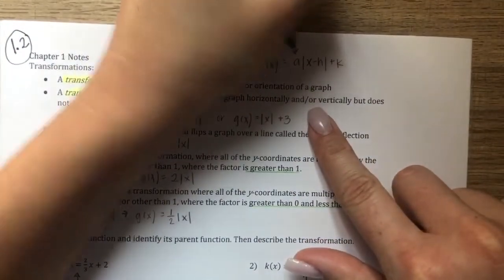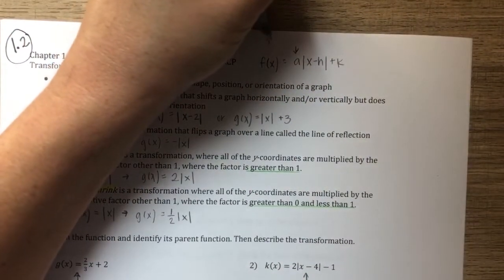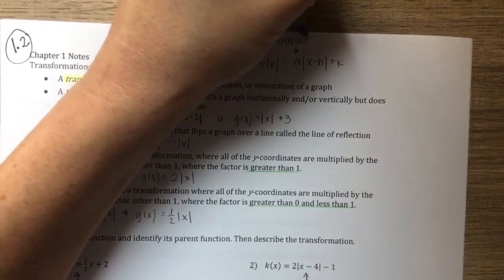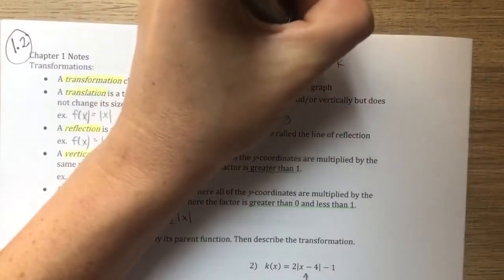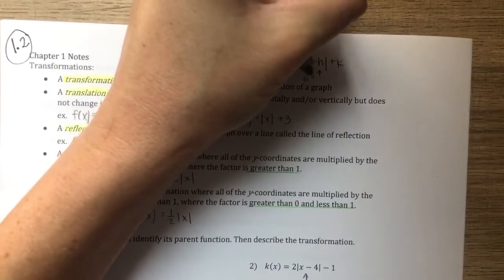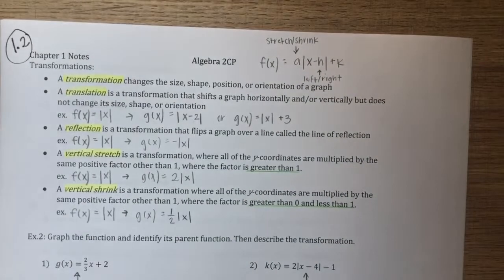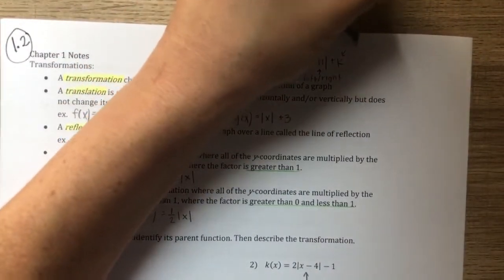So this a tells us whether the function has been stretched or shrunk. This h tells us whether the graph has been translated left or right. And this k tells us whether the graph has been shifted up or down.